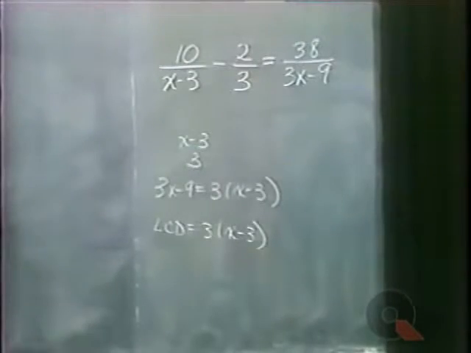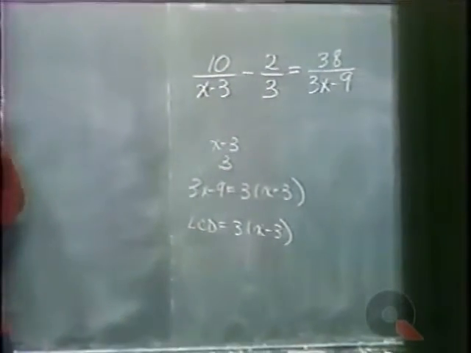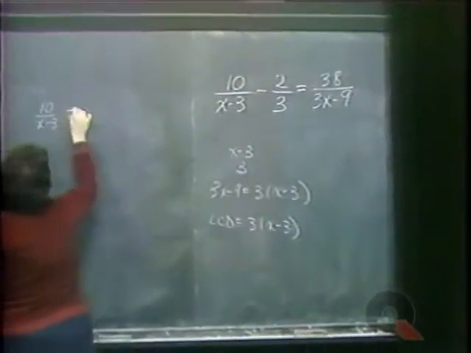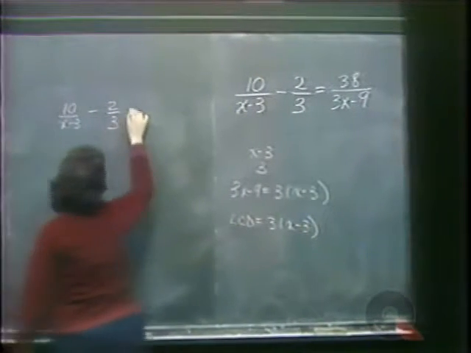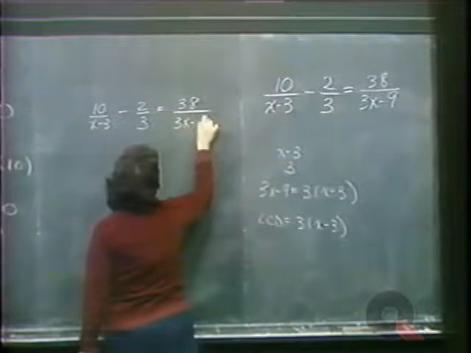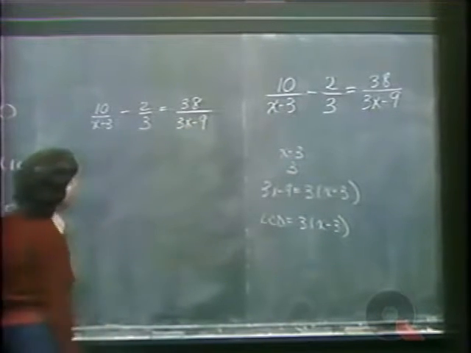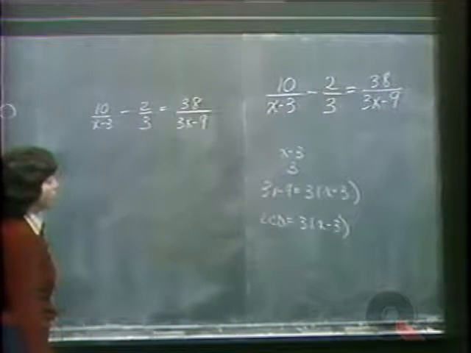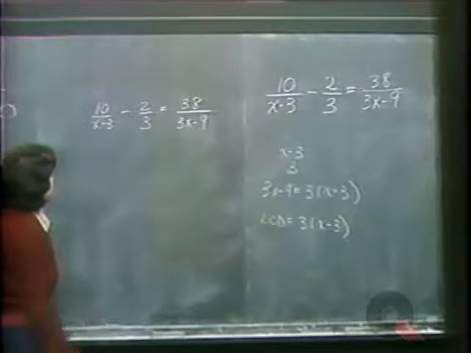Let me do that up over here. 10 over x minus 3, minus 2/3, is equal to 38 over 3x minus 9. We're going to multiply each and every term here by 3 times x minus 3.